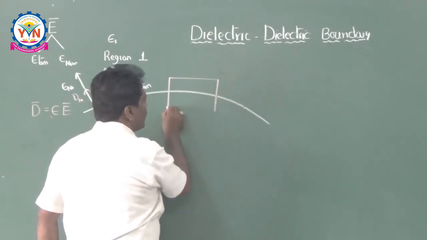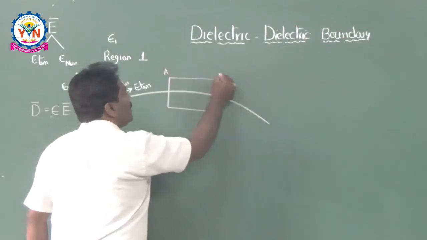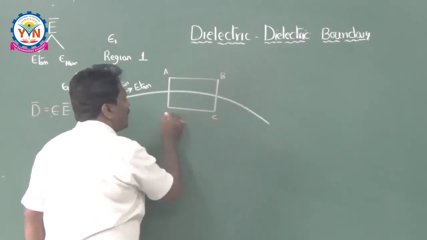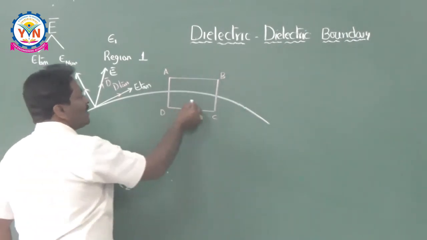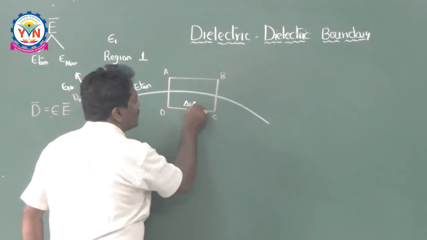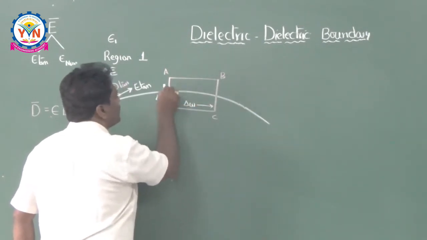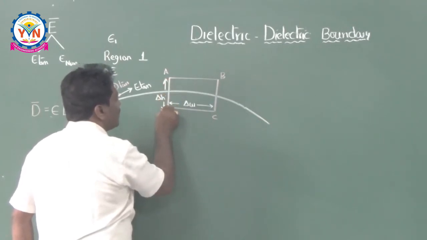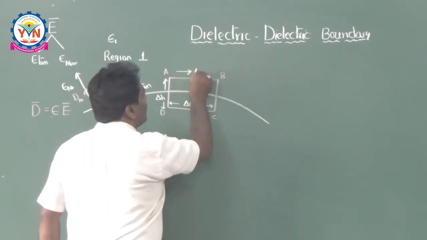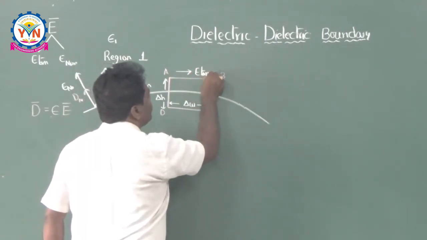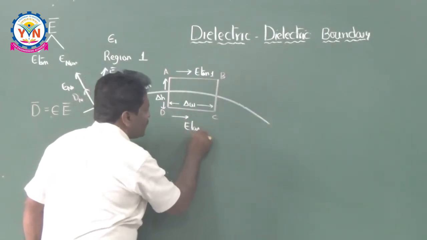Name it as A, B, C, D. Let the length of this rectangle be delta W, and the height be delta H, which is very, very small. In medium 1 the tangential component is E tan 1, and in the second medium it is E tan 2.